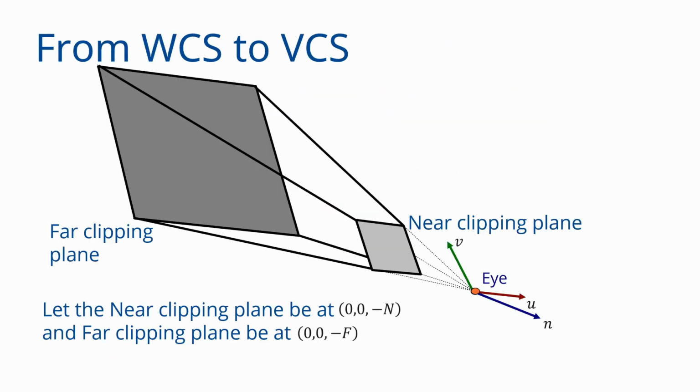So remember, at the end of the previous lecture, we were in the VCS. At that time, the origin was the origin of the VCS coordinate system, and we had set up the U, V, and N axes for the VCS.